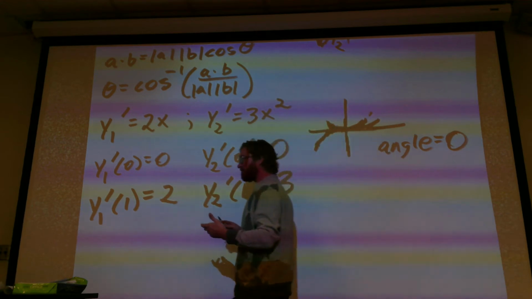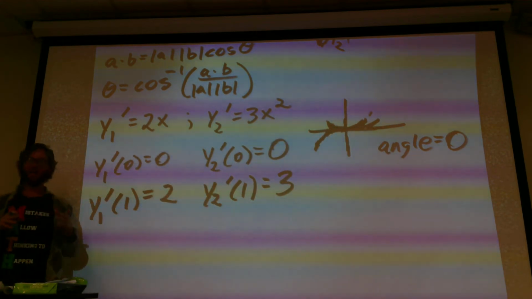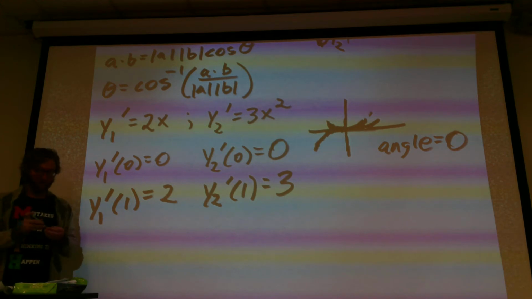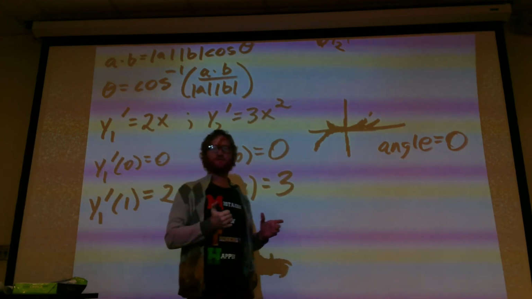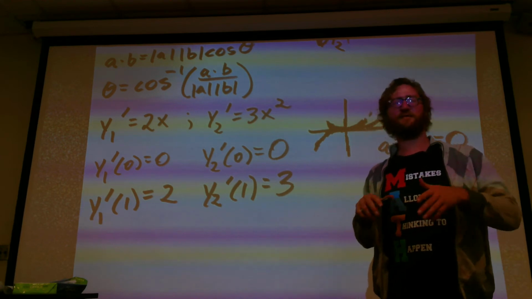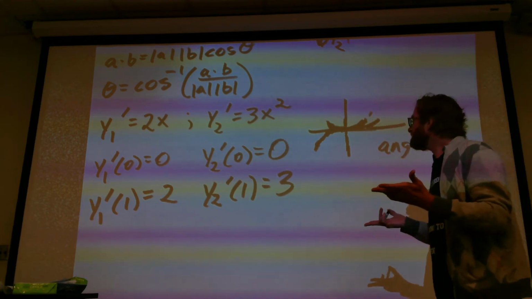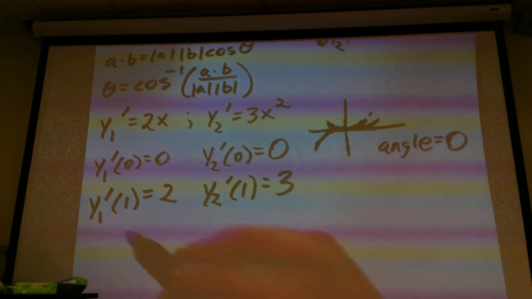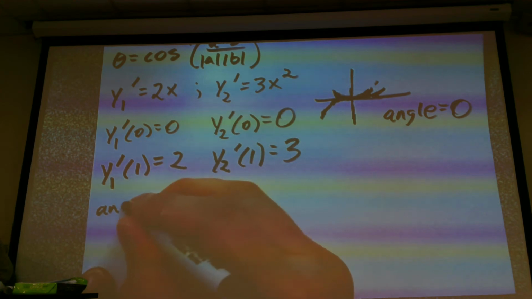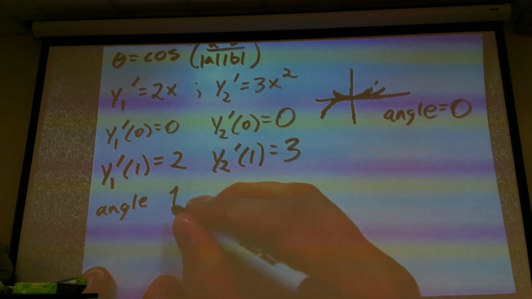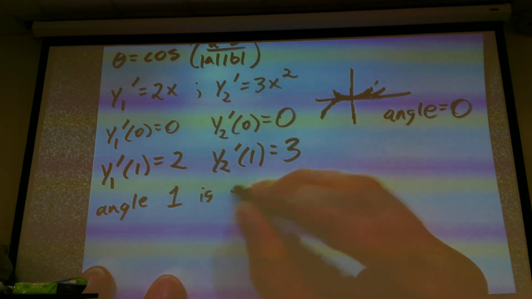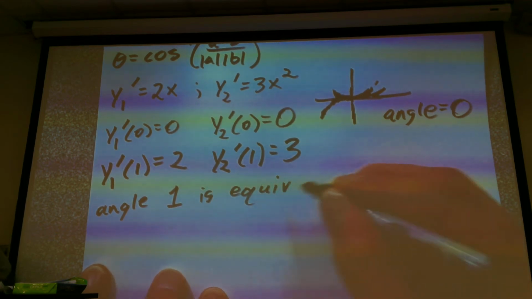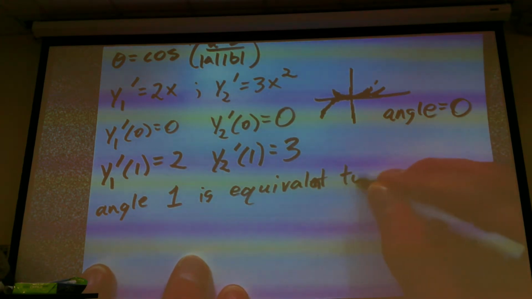So how can we describe this in terms of vectors rather than describing slope? Remember that slope is just rise over run, if we're talking about just the slope of a curve, okay? So since this is rise over run, we can say angle 1 is equivalent to rise over run, 1 comma 2.